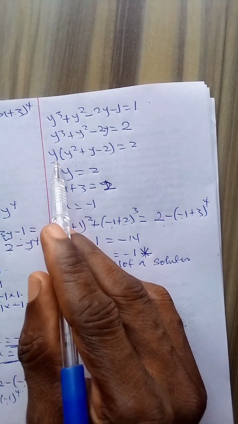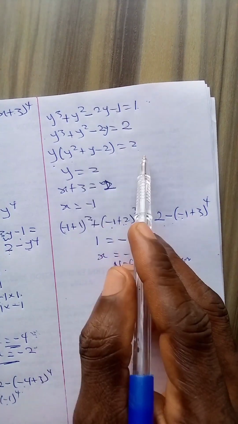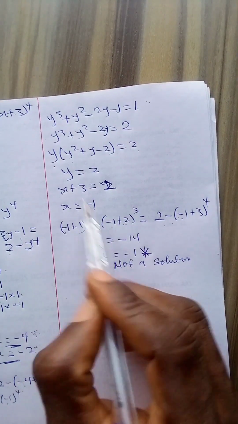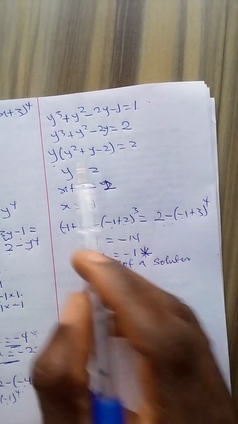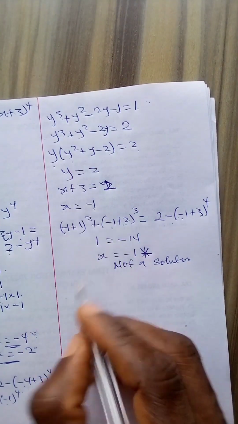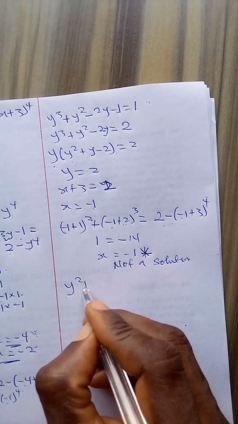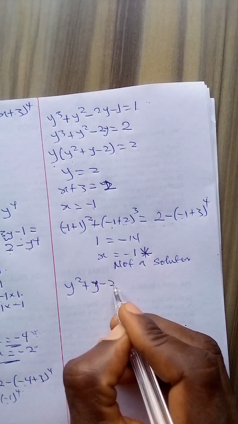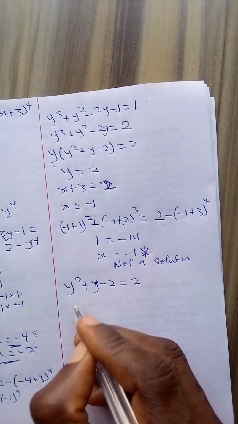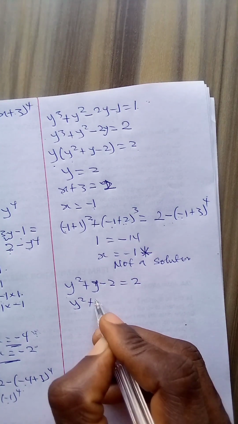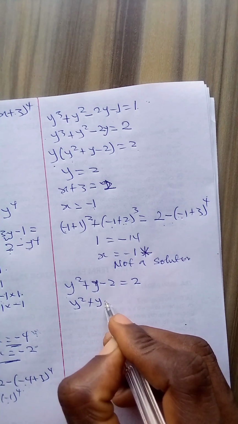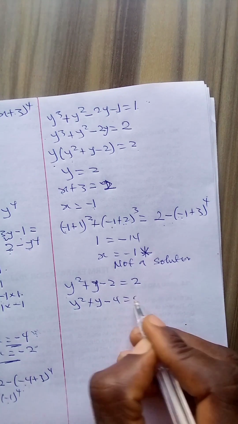Since we now know that y equals 2, or x equals minus 1 derived from y equals 2, is not a solution, let's now try the bracket. So y to power 2 plus y minus 2 is equal to 2, and y to power 2 plus y minus 2 minus 2, which is minus 4, is equal to 0.